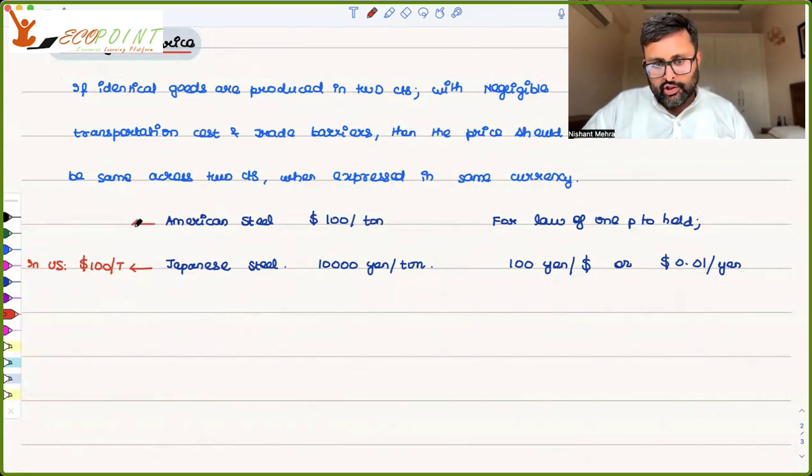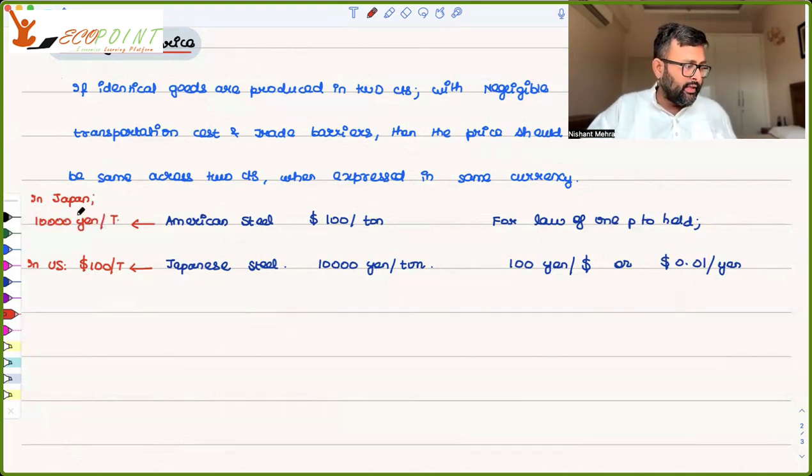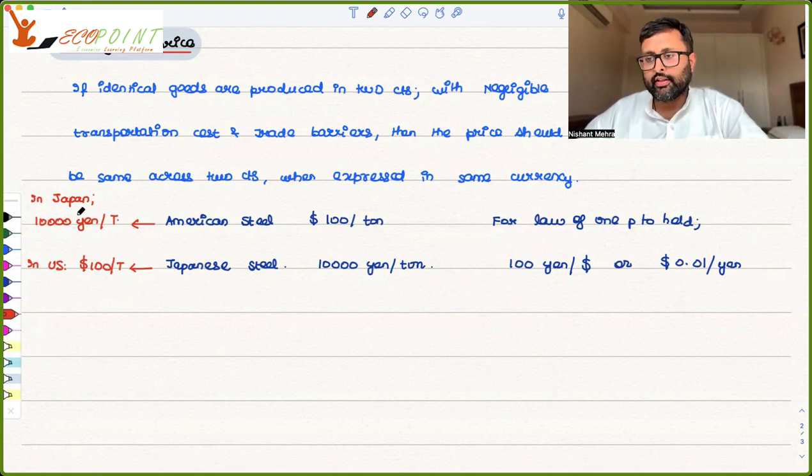And in Japan, American steel is going to cost 10,000 yen per ton. So it is the same now. Whether somebody buys steel in Japan, he has to give 10,000 yen, or he buys in the US, he has to give 10,000 yen. If somebody buys in the US, he has to give $100 per ton, or he buys in Japan, he has to give $100 per ton. So this is the law of one price.